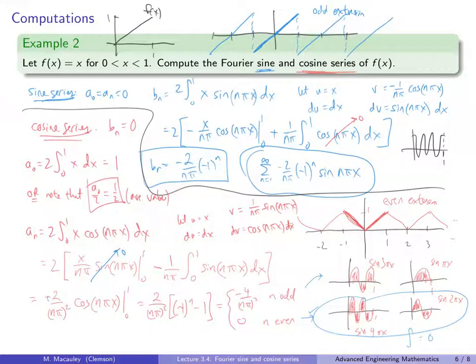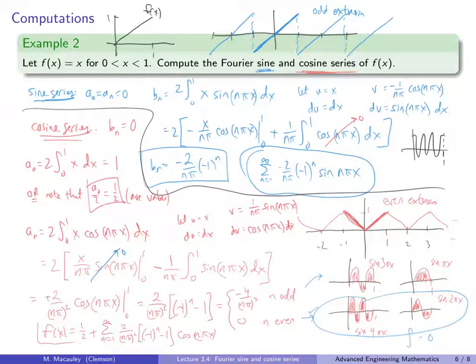Okay, so that means that our Fourier cosine series is f of x equals a naught over 2, which is the average value, 1/2, plus the sum from n equals 1 to infinity of 2 over n pi quantity squared times negative 1 to the n minus 1 times cosine of n pi x.